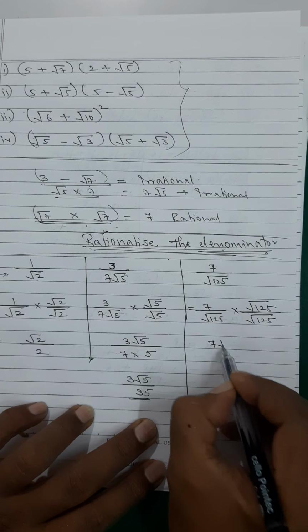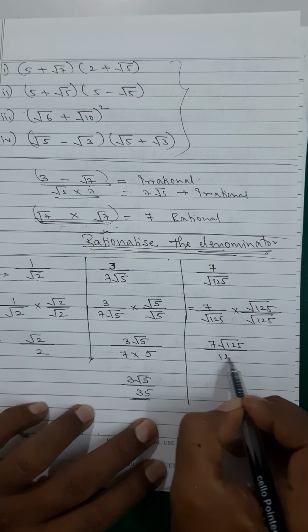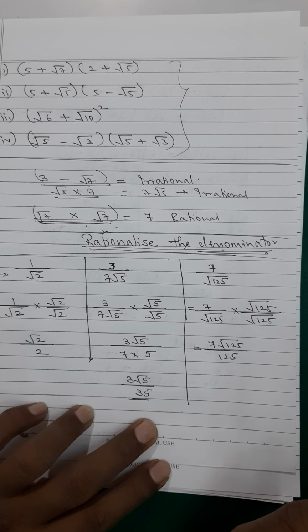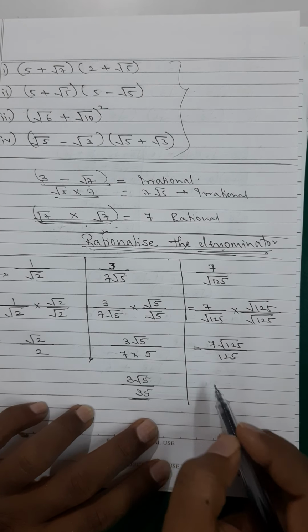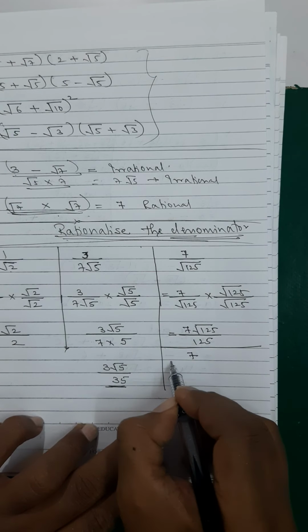You will get 7 root 125 upon, this will become 125. That's all. Understood? That is all.